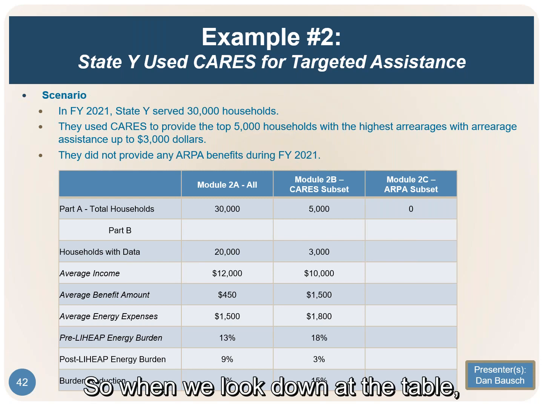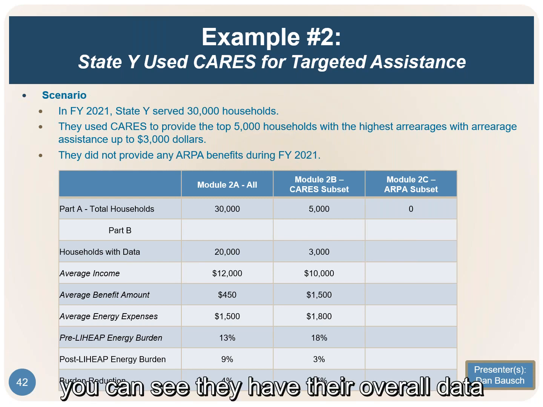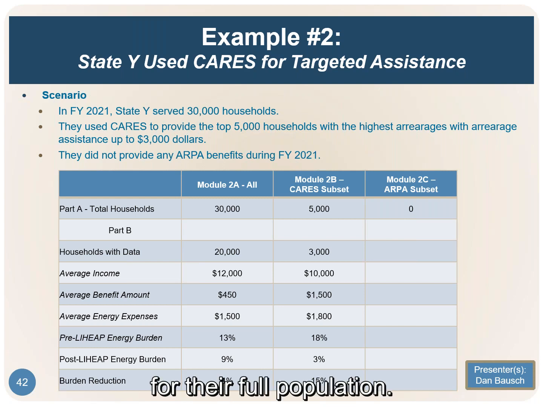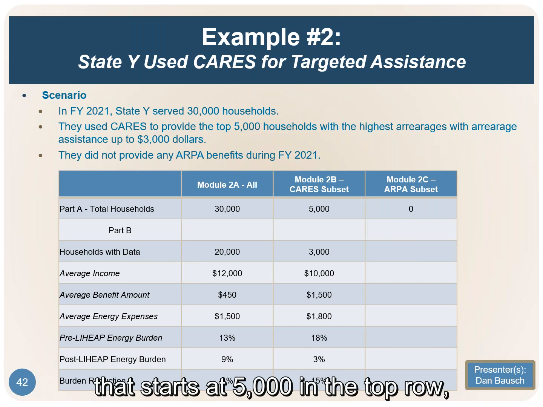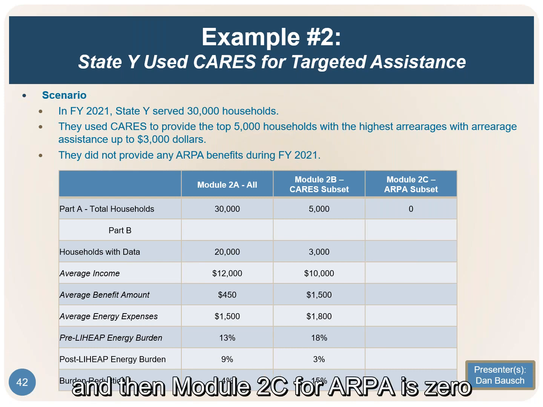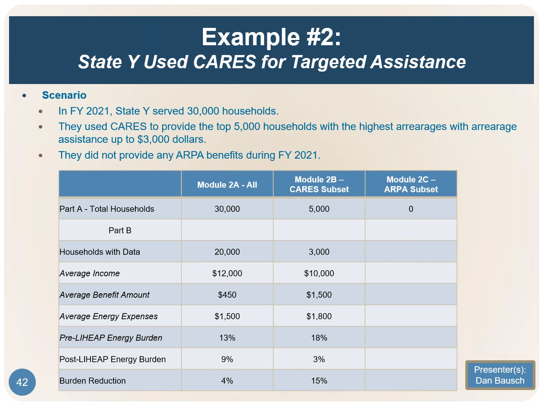So when we look down at the table, you can see they have their overall data for their full population. They have data for the CARES subset, for that subgroup, that starts at 5,000 in the top row. And then module 2C for ARPA is 0 because they didn't use ARPA.